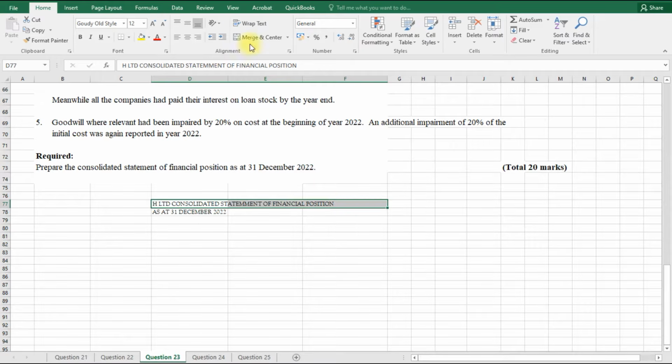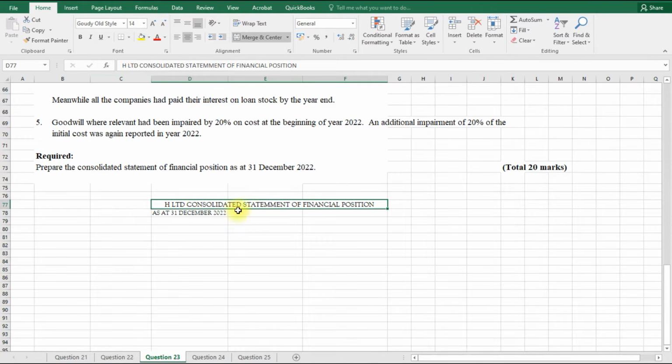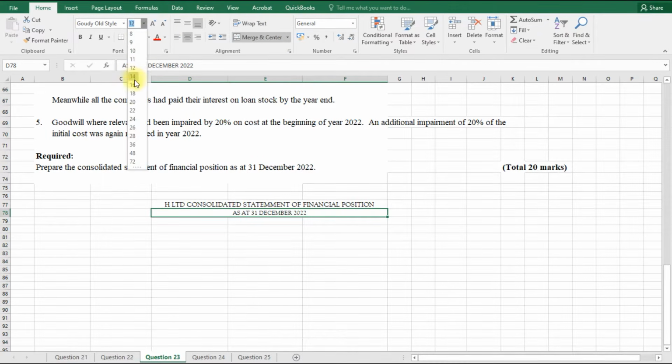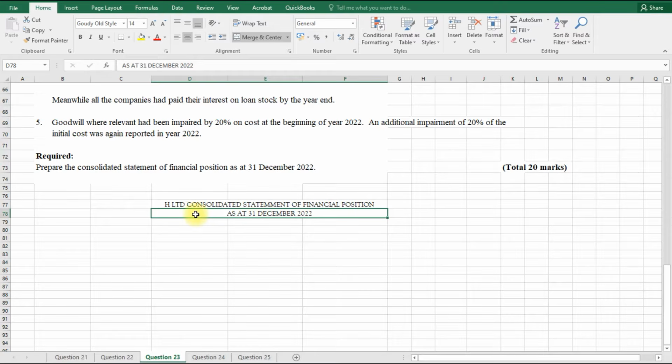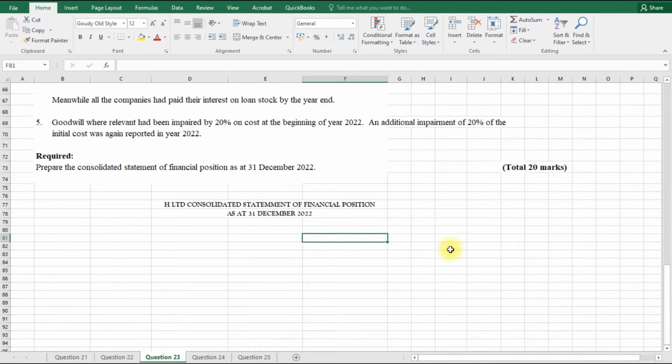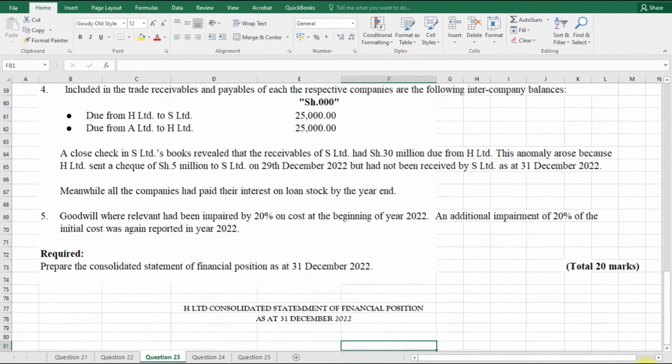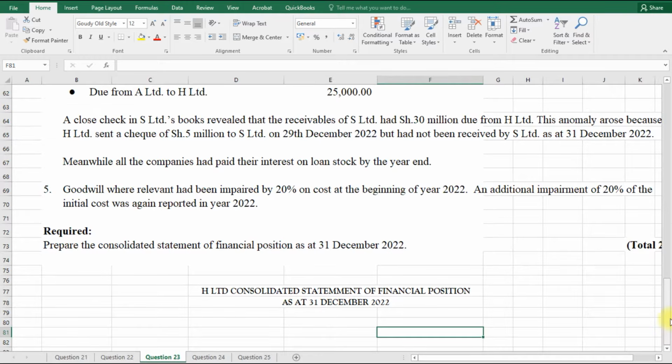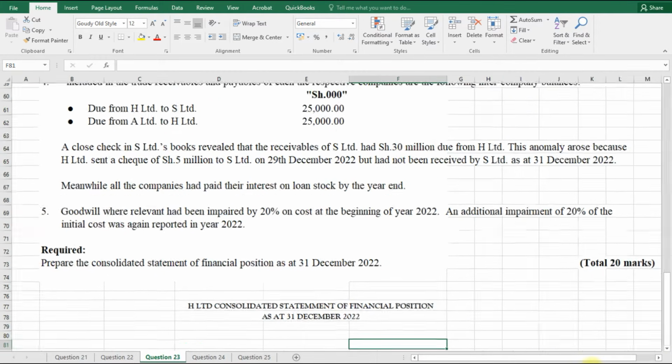So I'll merge and center that, increase my font size to 14, merge and center this, increase my font size to 14, control bold, even this one control bold, that way.